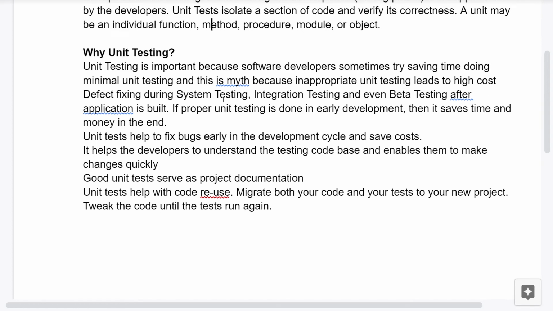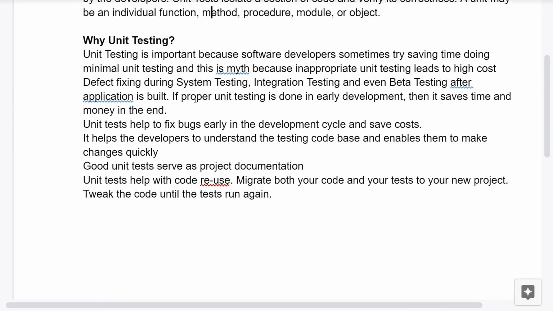At that time, very high-level or major defects occur, so it's very costly. For our application or software, the cost goes high. So that's the reason we do unit testing and follow some techniques for it.